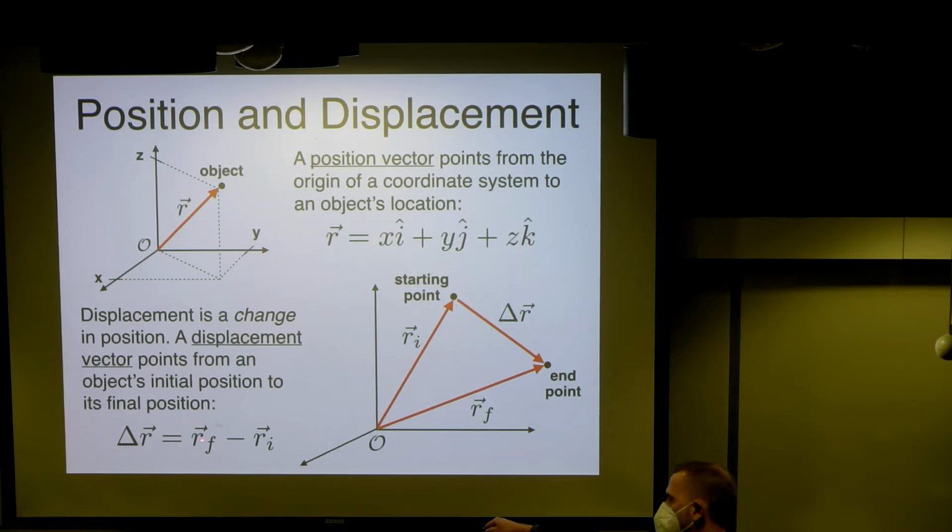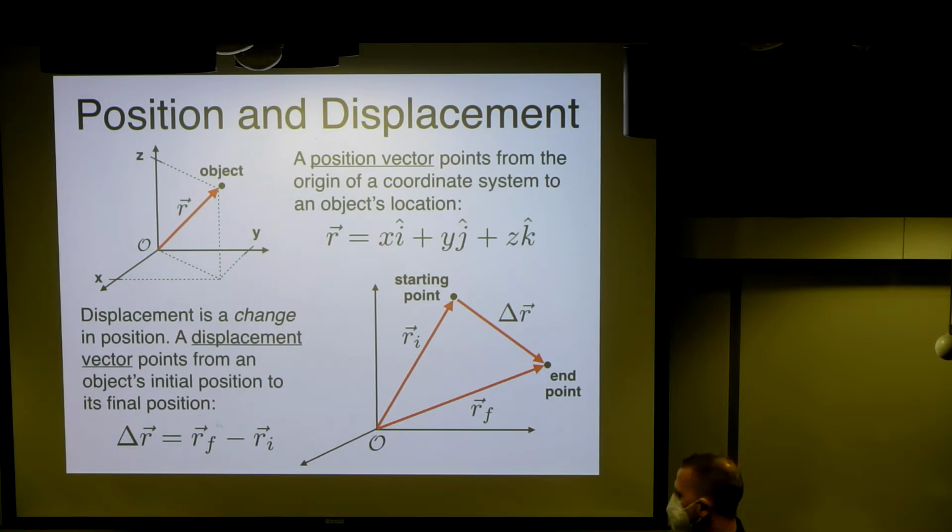And it's really just r final, whatever my final position is, minus r initial, okay? But what I want to show you real quick is that this delta r displacement actually points from your starting position and ends at your ending position, okay? Can you see why that is just from the equation?